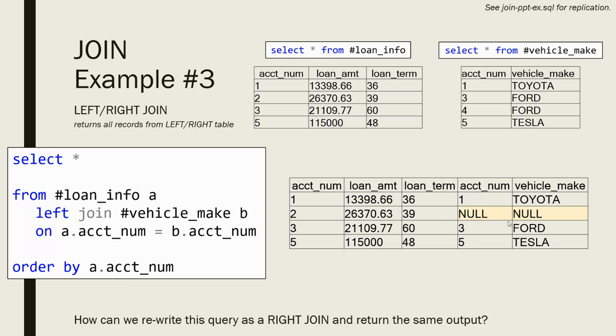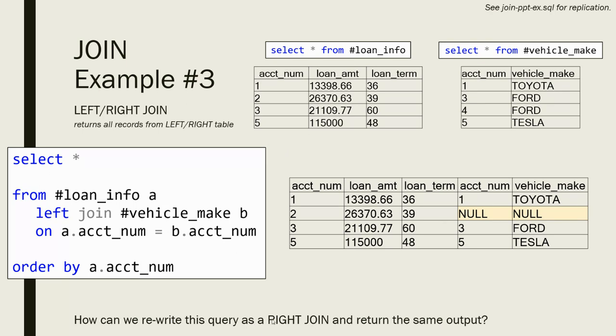And when there's not a match, values of null will be supplied. So this is different from a full outer join, because we did not return any records for when the value appeared in the right table but not the left. That's because this is a left join. It only considers values that appear in the left, regardless of whether they're matched in the right.